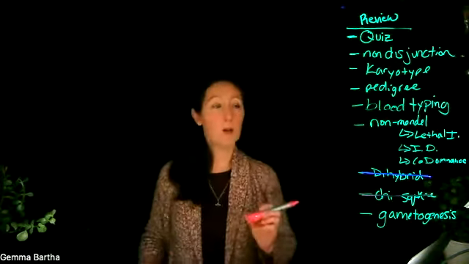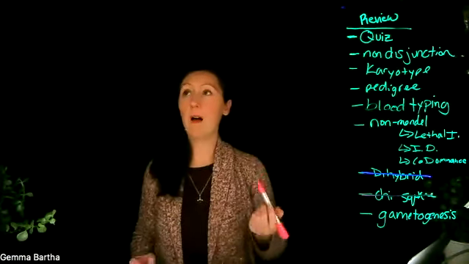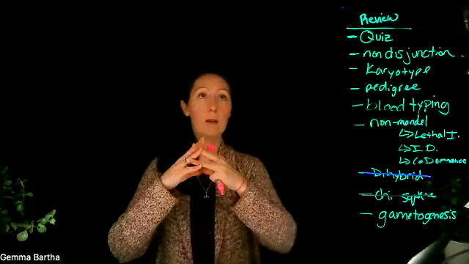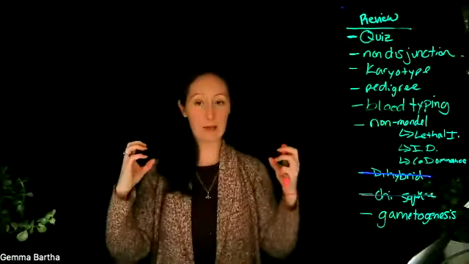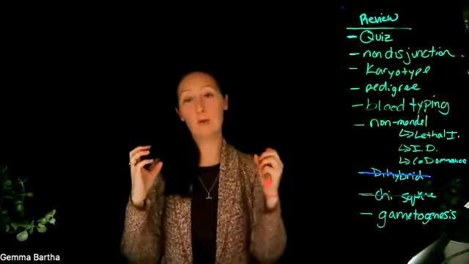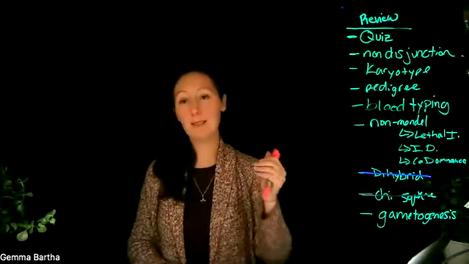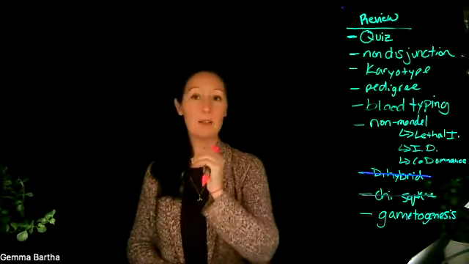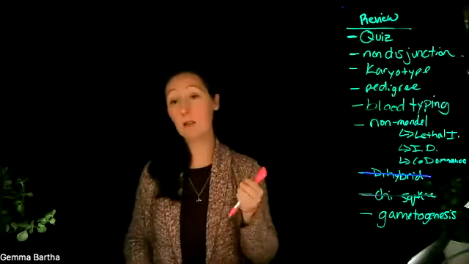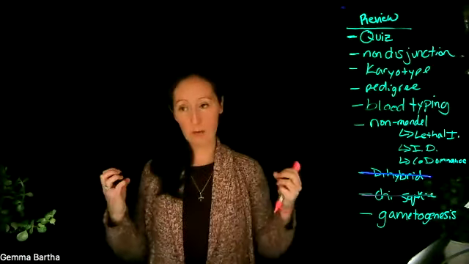All right. So with non-disjunction, you have the splitting of a cell, going from metaphase to anaphase. And if those kinetochore microtubules don't quite retract properly, or it doesn't connect onto the kinetochore region of your homologous chromosome or that sister chromatid, it won't pull apart, right?